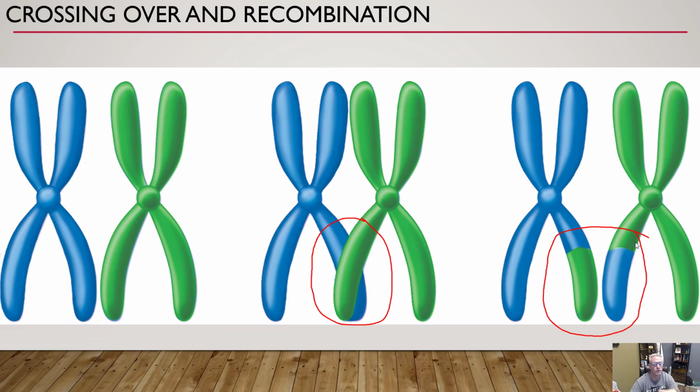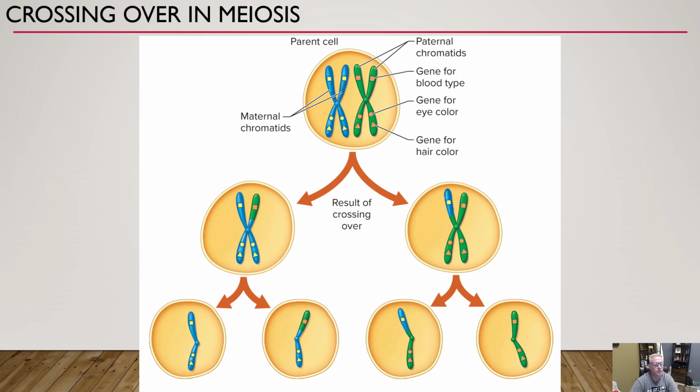So overall, the result of meiosis 1 is basically that the homologous chromosome pairs separate. Here's just another picture example of one. You can see first that we have duplicated the number of chromosomes.